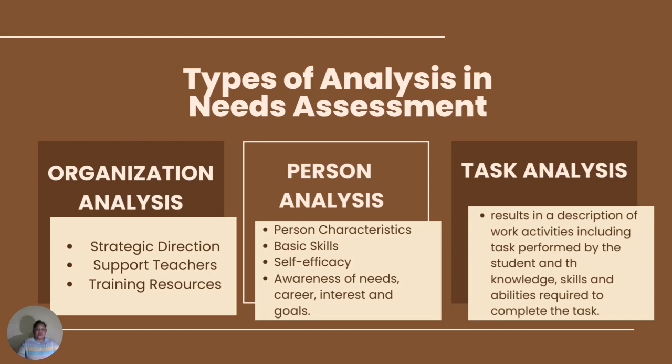We're going to analyze the person's characteristics, the basic skills, the self-efficacy, awareness of needs, career, interest, and goals. And the last type of analysis is the task analysis. This results in the description of work activities, including tasks performed by the students and the knowledge, skills, and abilities required to complete the task.